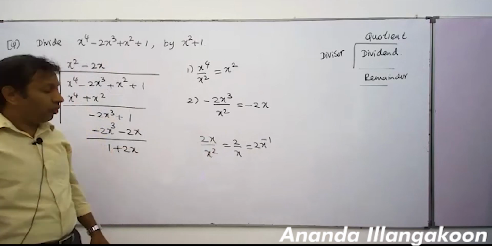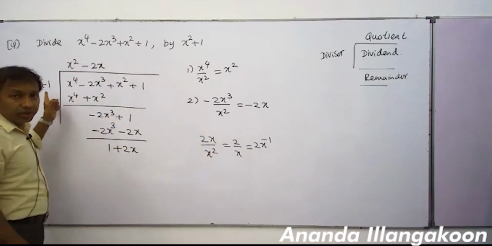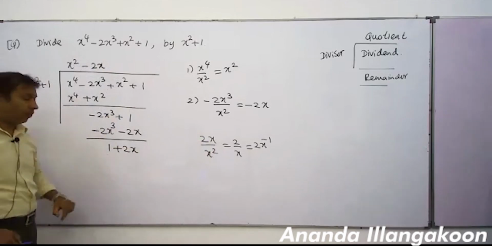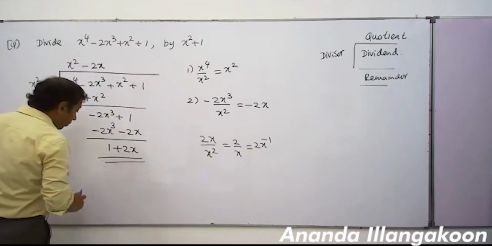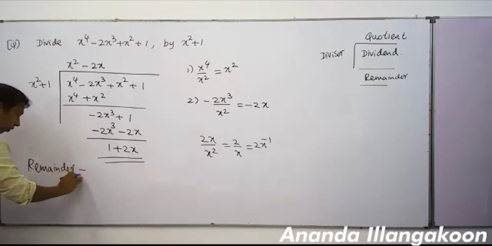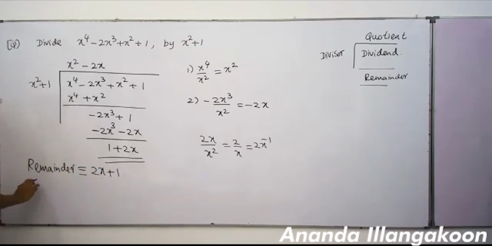So therefore, whenever we get a lesser degree than this divisor, we stop the division process. So therefore, here we stop. This is the remainder, 2x plus 1. Quotient, people: x² minus 2x.